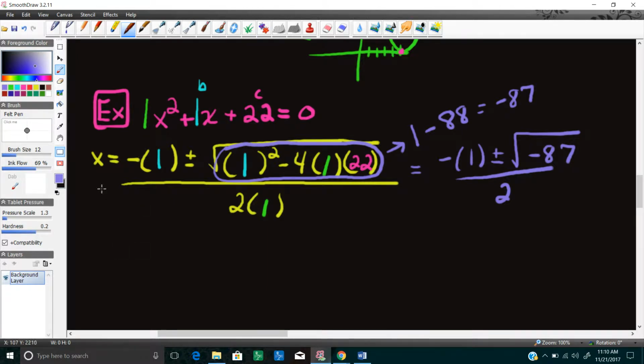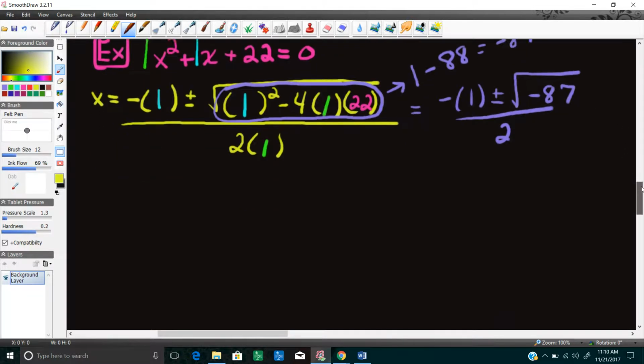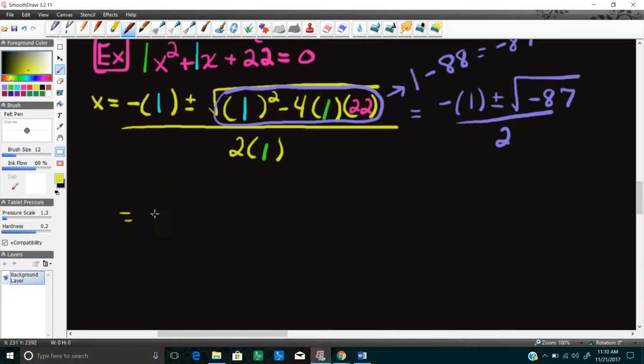So I'm going to rewrite this one more time. As negative 1, I'm going to distribute that negative, plus or minus the square root of negative 1 times 87, all over 2.